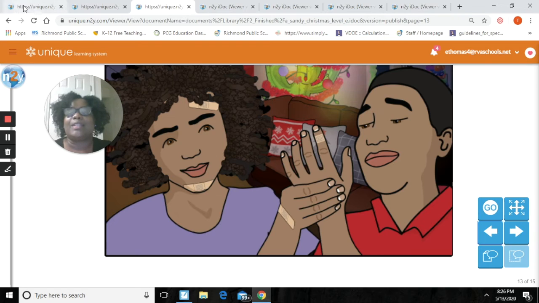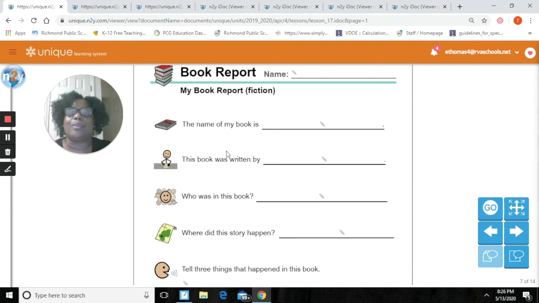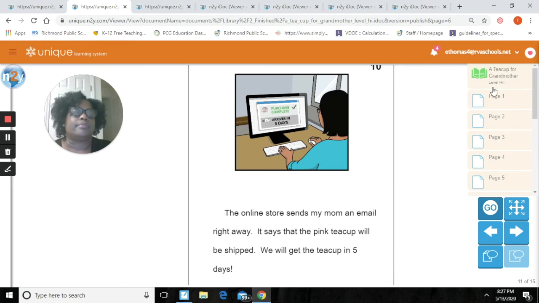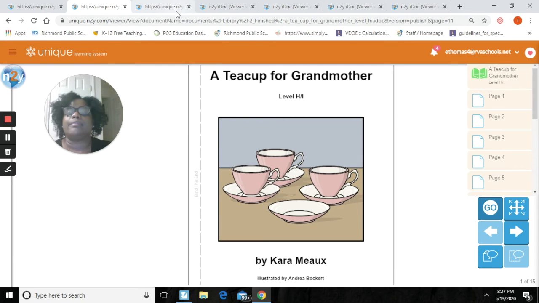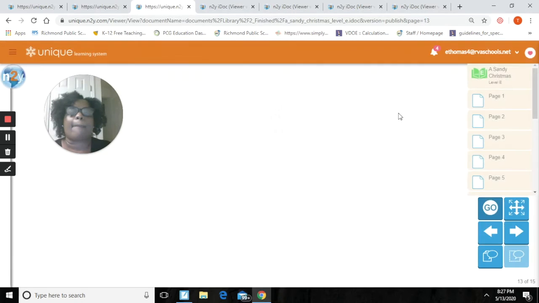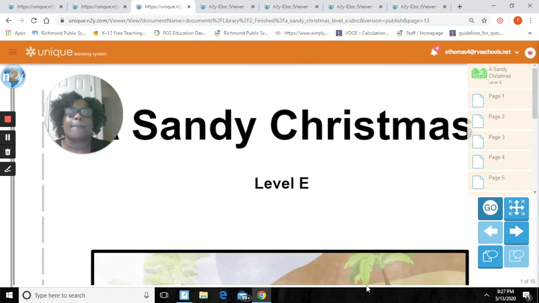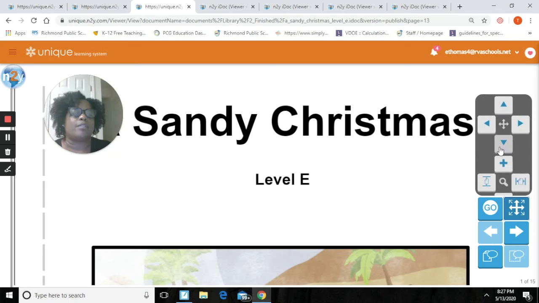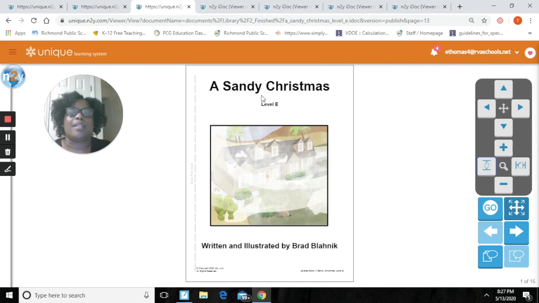All right, guys, let's go back and start working on our book report. So what is the name of this book? The name of our book is what? Let's make it a little smaller. A Sandy Christmas Tree, right? There it is, right there.